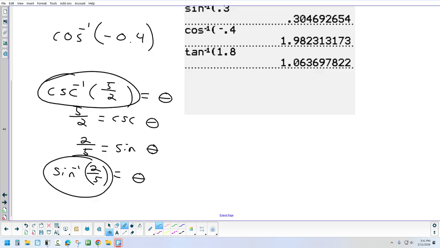That is the same thing, but we don't know how to type it in. So whenever you have to do an inverse trig function that you don't have a button for, all you really have to do is flip that fraction and change it to the one you do have a button for. That's the shortcut. Or you can go through those steps every time to think about it. So inverse sine of 2/5. That's the answer to that question.